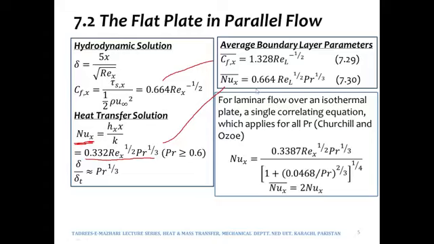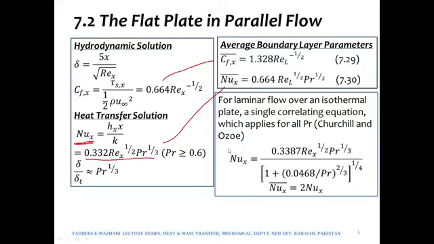So over here the next one that we are discussing is for laminar flow, when the flow would be laminar over the entire plate, right? Over an isothermal plate, a single correlation equation which applies for all Prandtl number, which was given by Churchill and Ozoe, is given in this form.